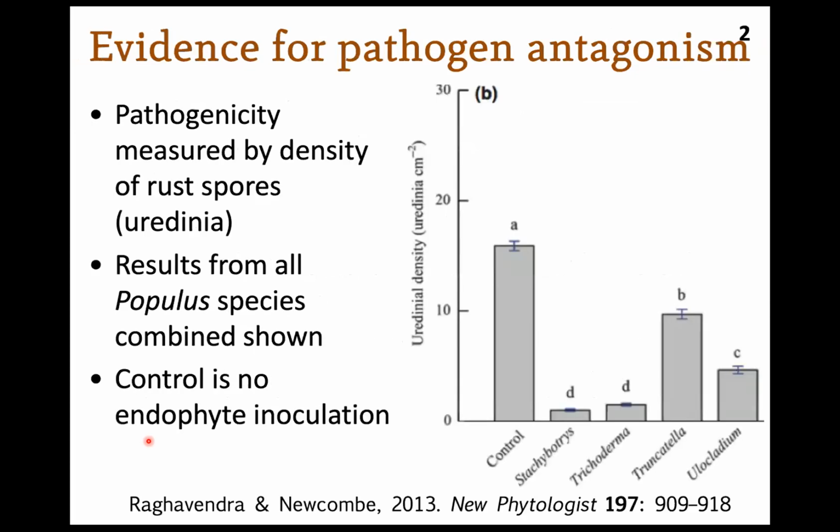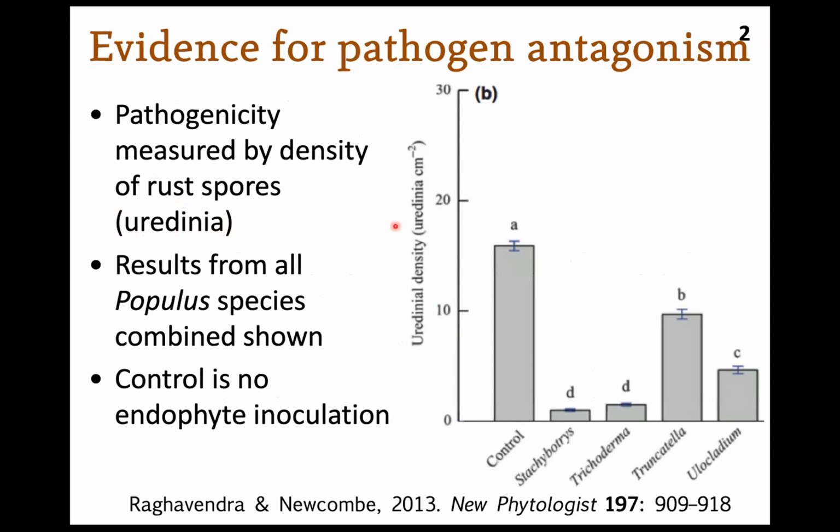Here are the results, and I'll go through what's being shown slowly. The first thing to note is that what they're measuring is what they call uredinial density. Uredinia are the asexual spores that are produced by rust fungi. These are the spores that rusts produce to spread to different individuals.